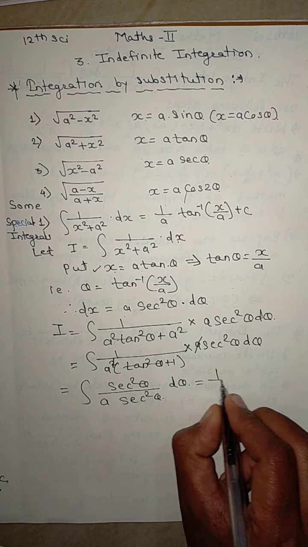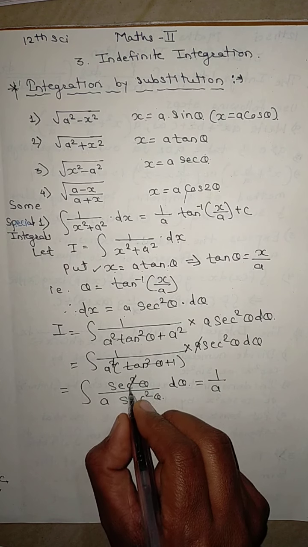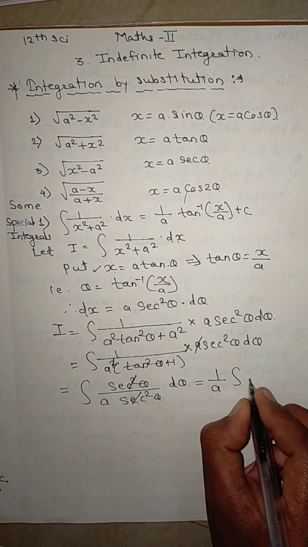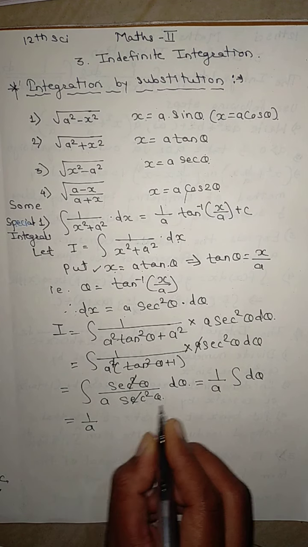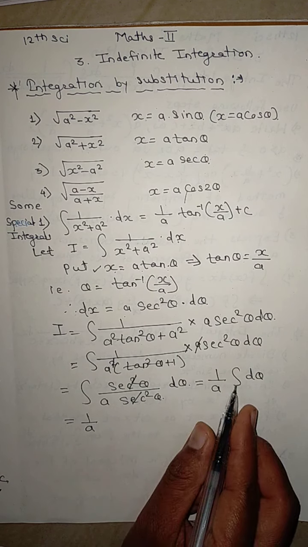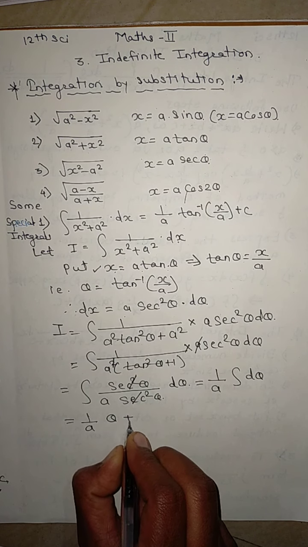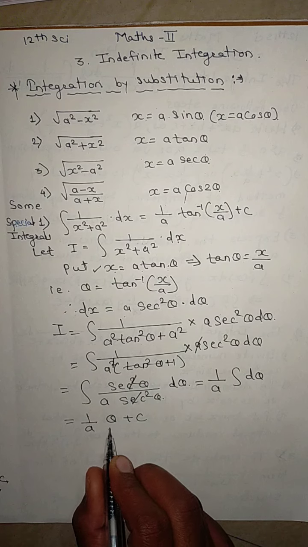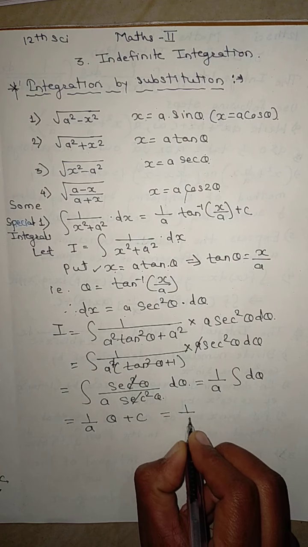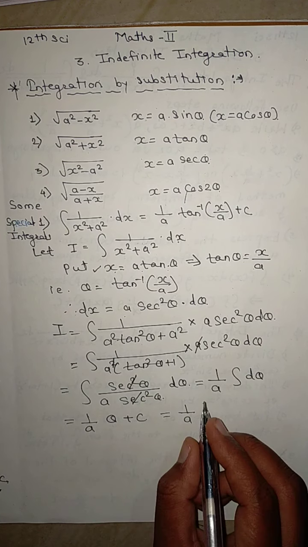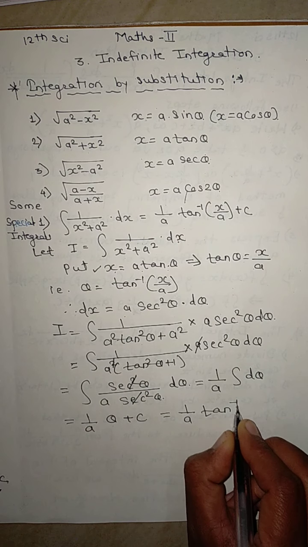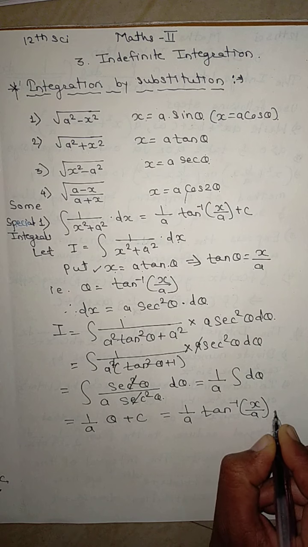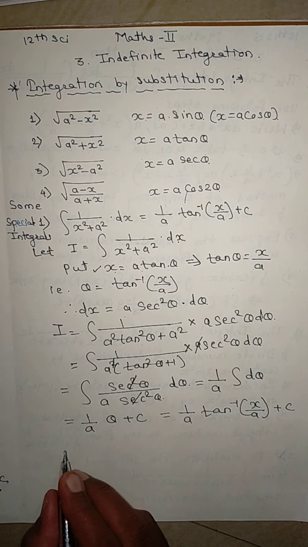Therefore 1 upon a, these values are cancelled, integration of d theta, which is equal to 1 upon a, and the integration of d theta is theta plus c. We know the value of theta is tan inverse of x upon a plus c.